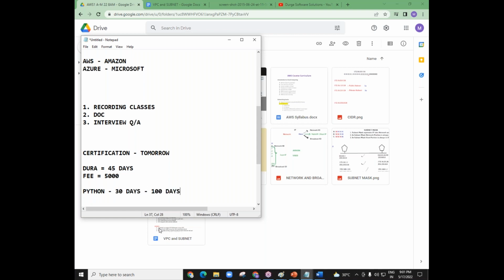This is the best way of learning any course. If a course feels a bit difficult, you can learn it this way. If 30 days are not sufficient for you to understand anything, 100 days will be more than sufficient. So as of now, there is no need of any coding or programming, but hopefully after some time when you go with other higher courses, then you should learn shell scripting or maybe Python.